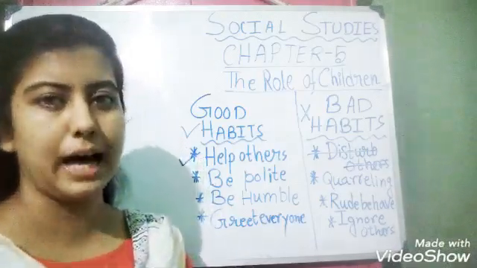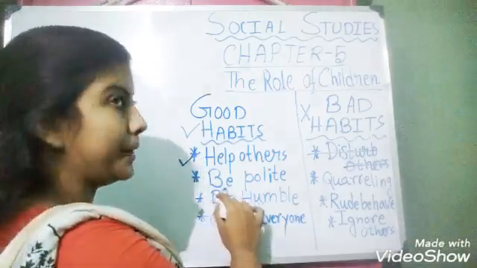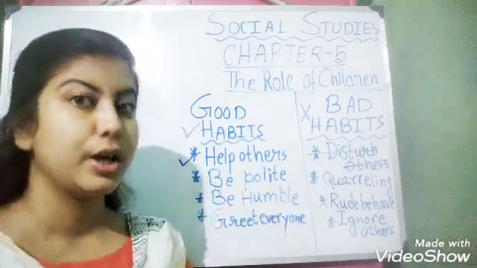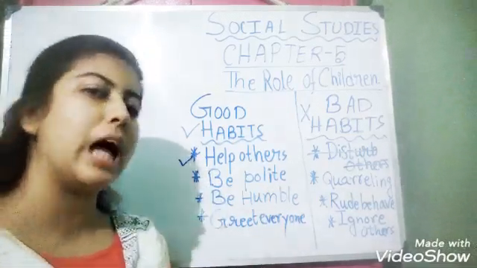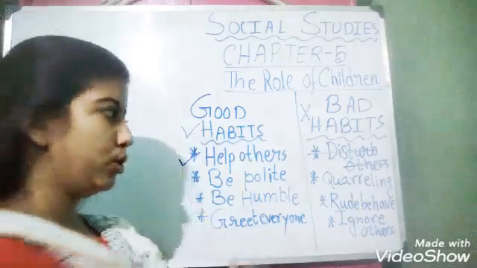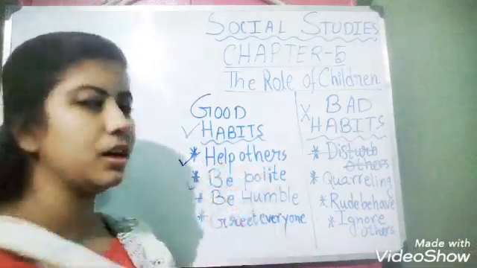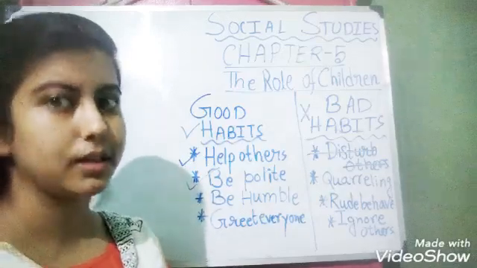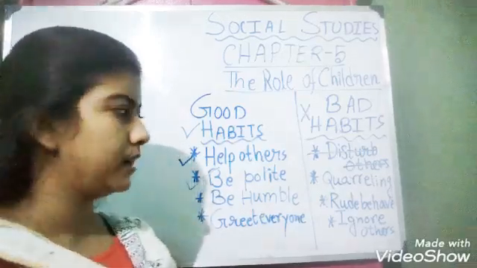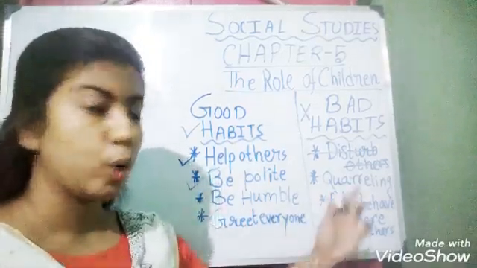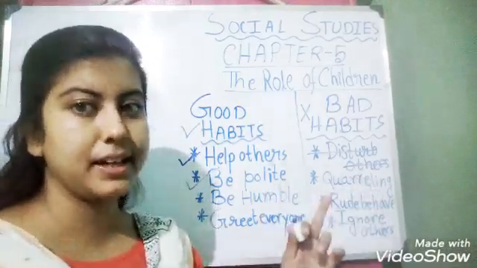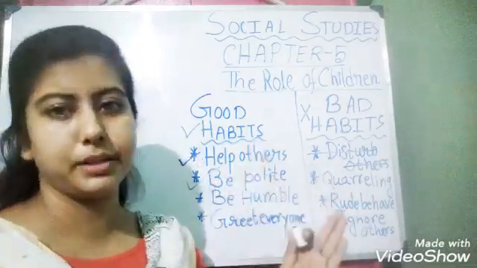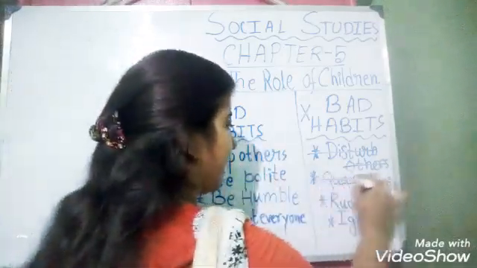The next good habit is to be polite. You should always talk politely with others. The bad habit is quarreling. Quarreling is a very bad habit. You should avoid this.